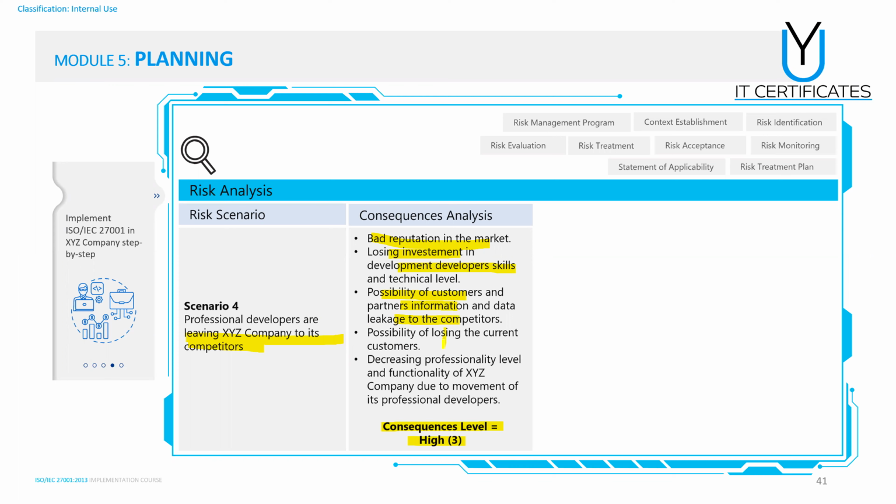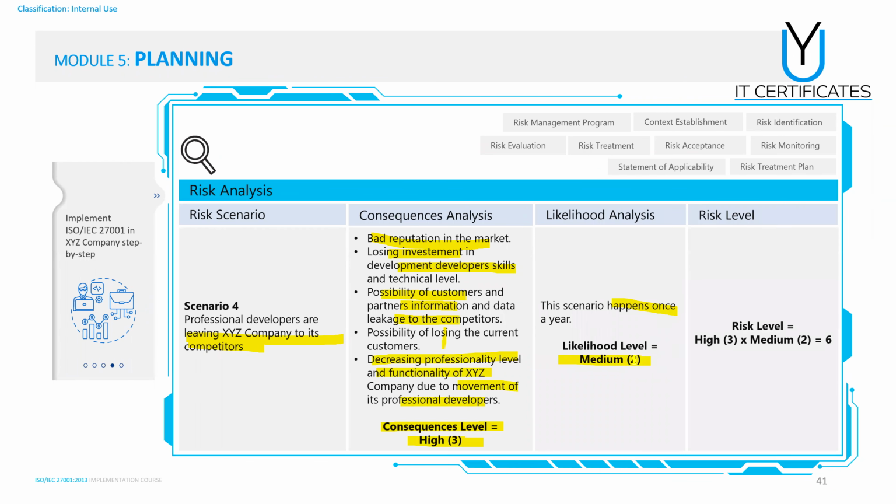Also losing the current customers, of course, because these customers prefer to work with the developers they know, and decreasing the professionalism and functionality of XYZ company due to the movement of its professional developers. These are the consequences. We found that the consequences level will be high, number 3. The likelihood analysis: it can happen once per year, and this will be level number 2. Risk level will be 6.